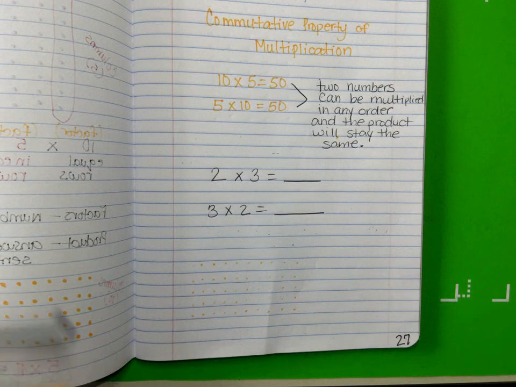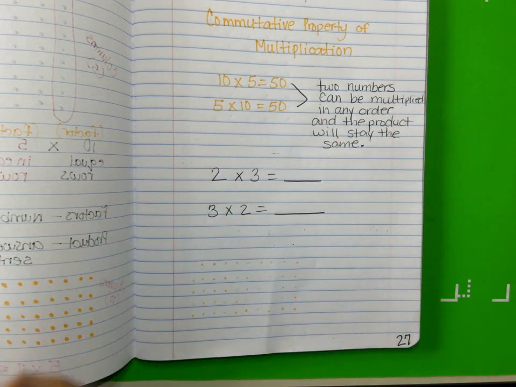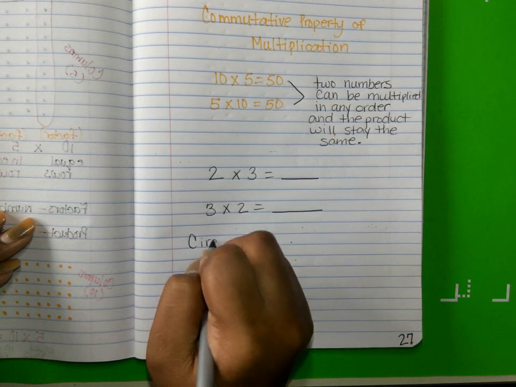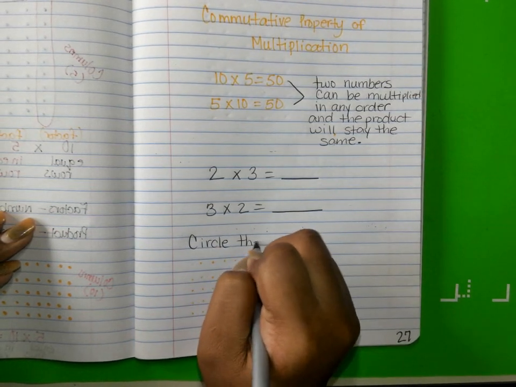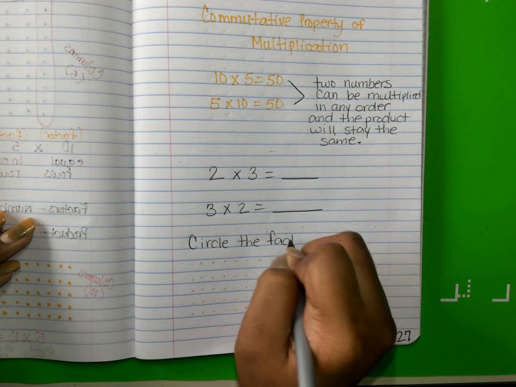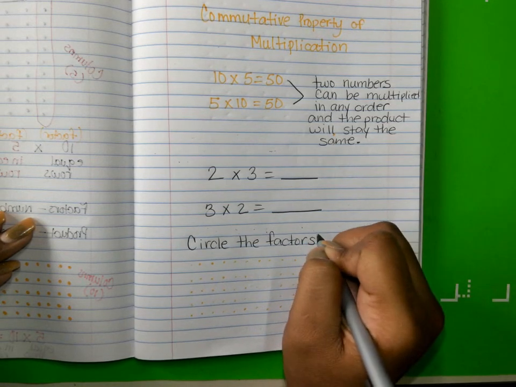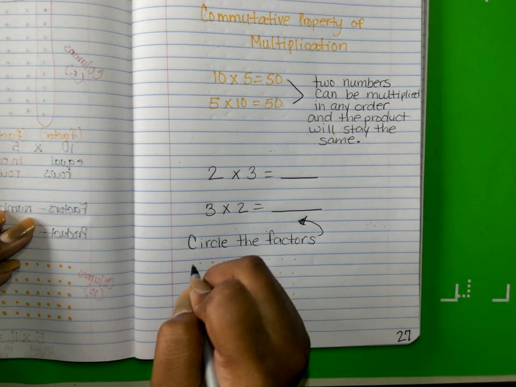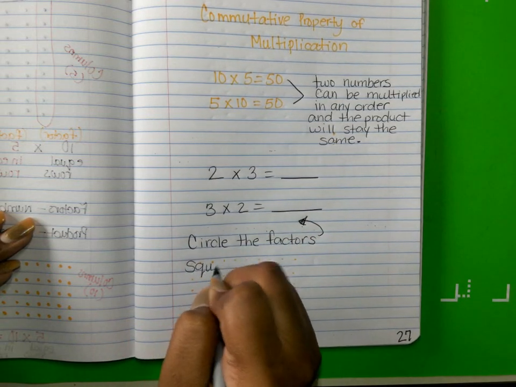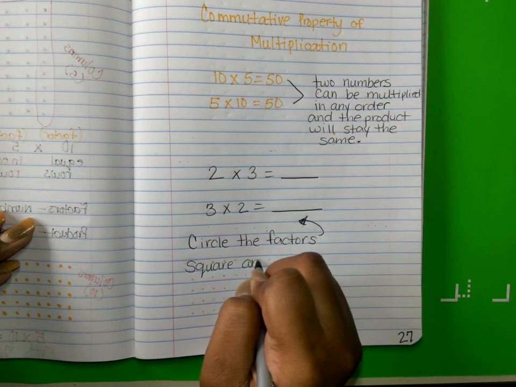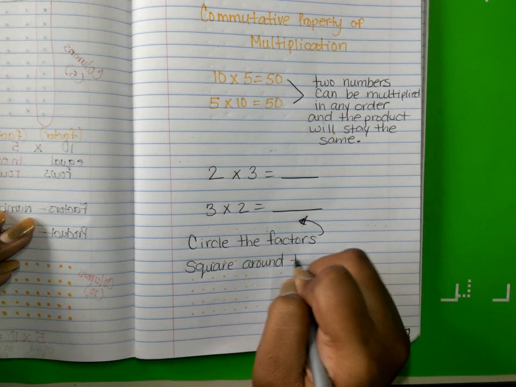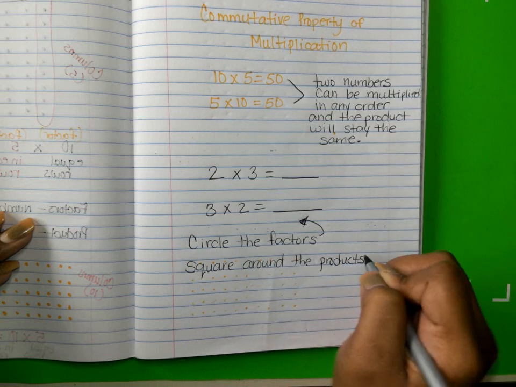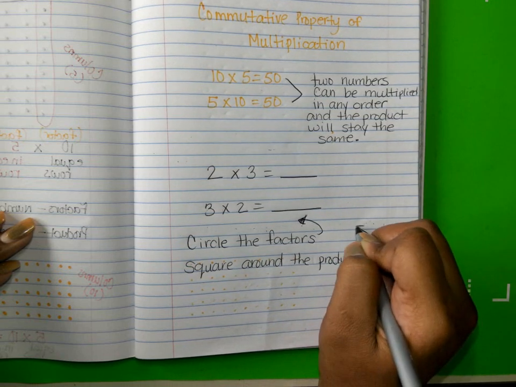Fill out your product. I also want you to circle your factors in the problem above, and put a square around the products above.